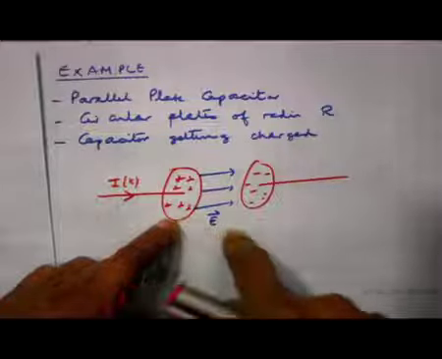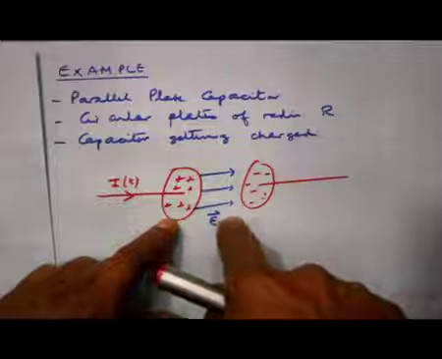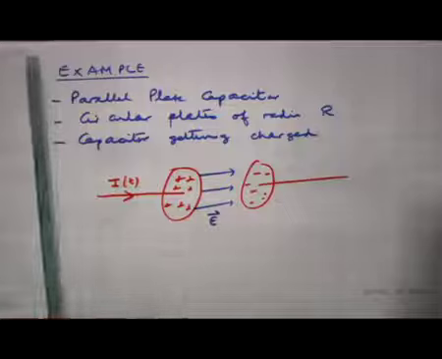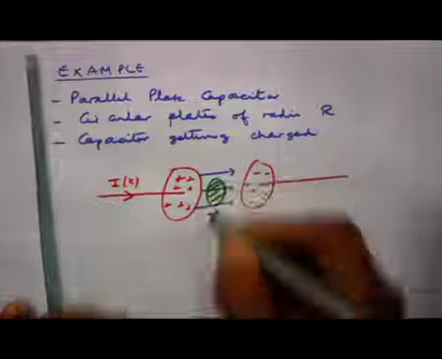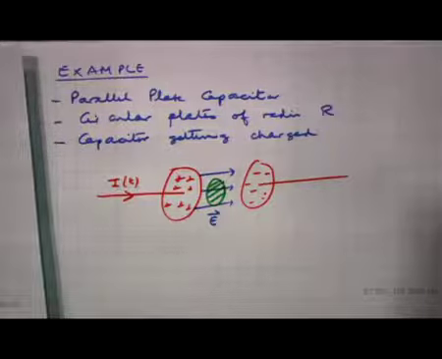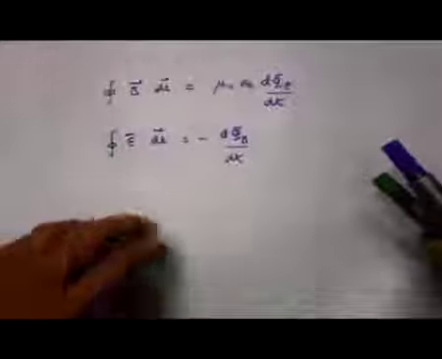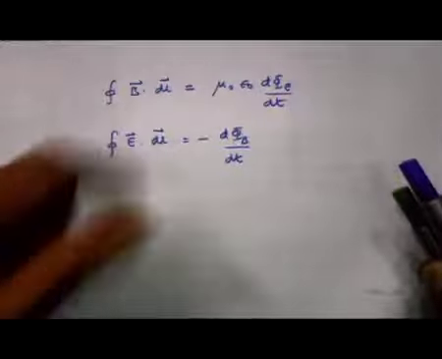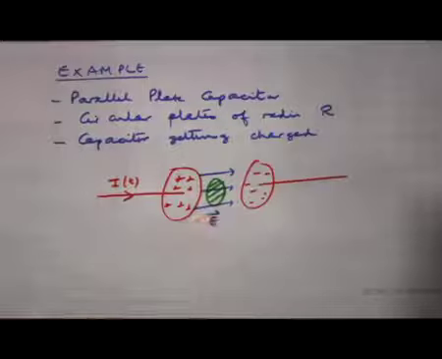If sigma varies with time, electric field varies with time, and if electric field varies with time, the electric flux through any surface, not a closed surface, any surface, will vary with time. If I take a surface like this, the electric flux through this surface will vary with time, and that should induce a magnetic field according to this equation, because if the electric flux changes, I should have a magnetic field.